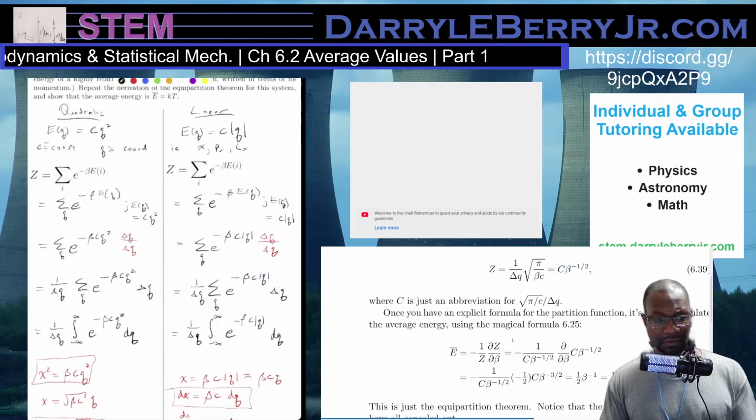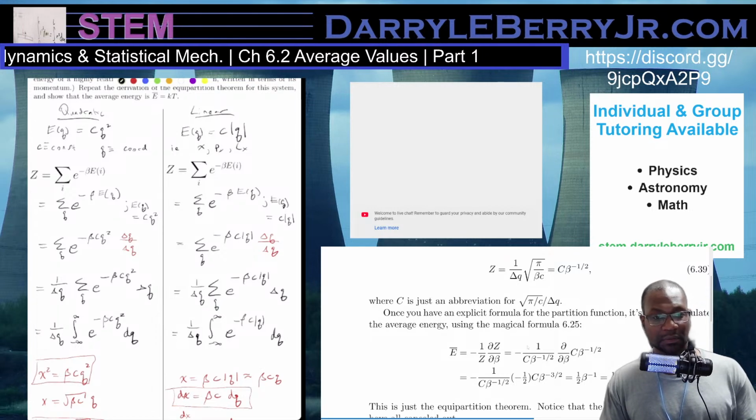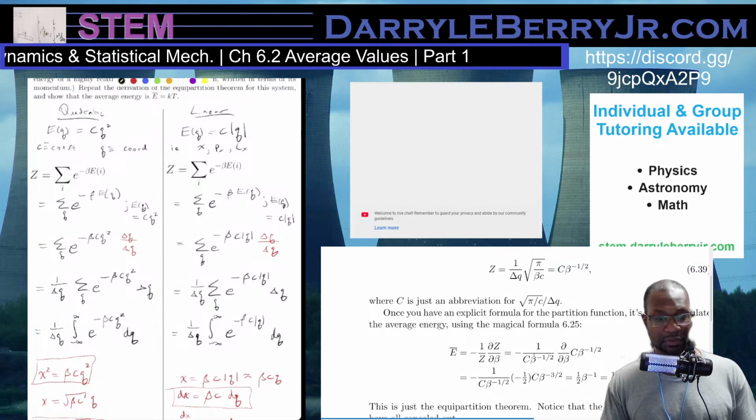The book, what does it do with this change in Q?